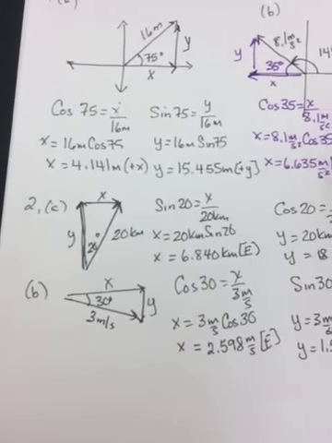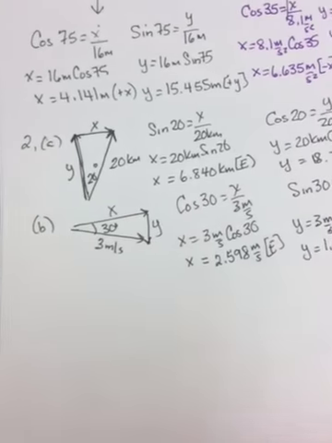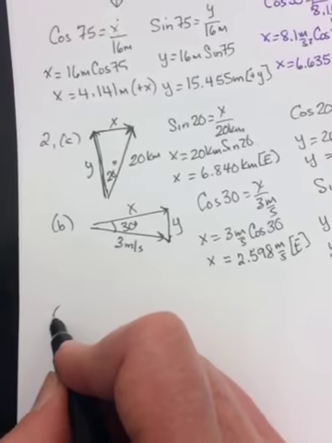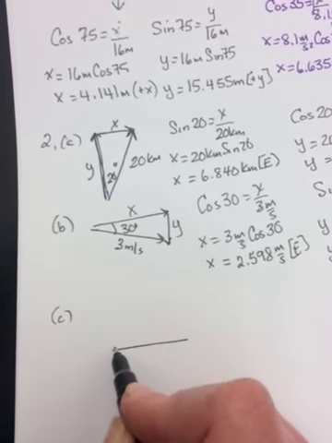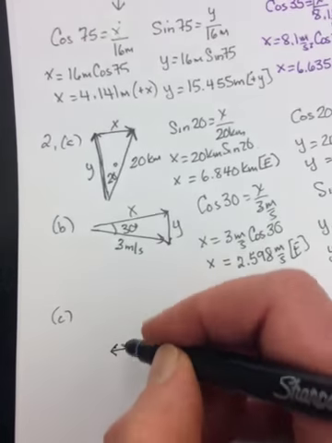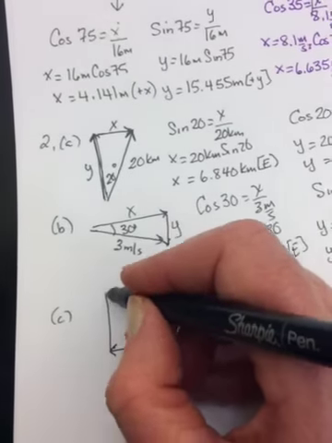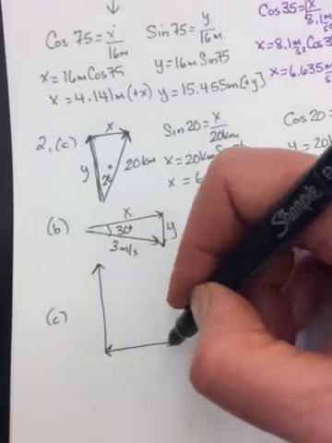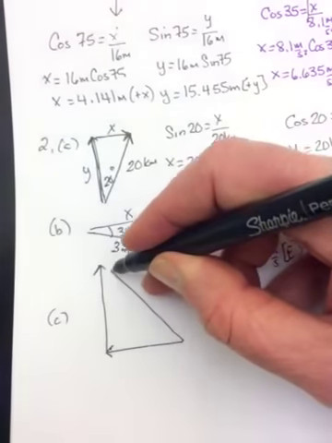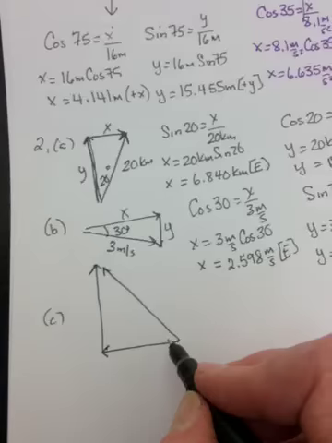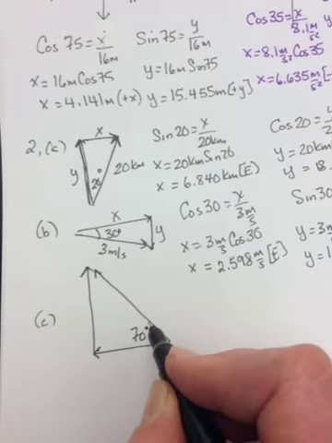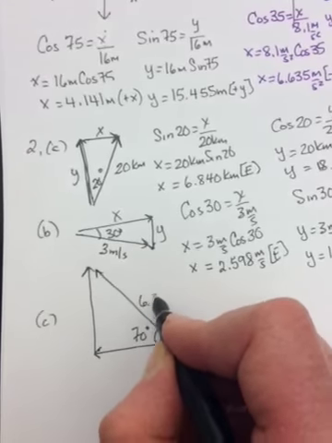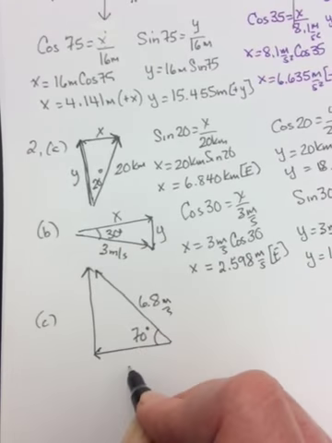Letter C is 6.8 meters per second west, 70 degrees north. So west, and then 70 is bigger than 45, so the north needs to be longer. And this is your resultant. So this angle here is 70 degrees, and this is 6.8 meters per second.